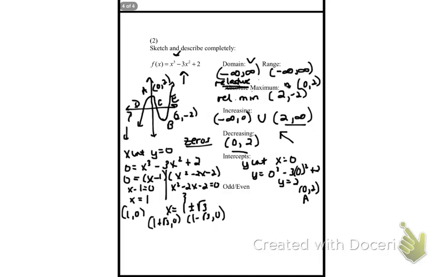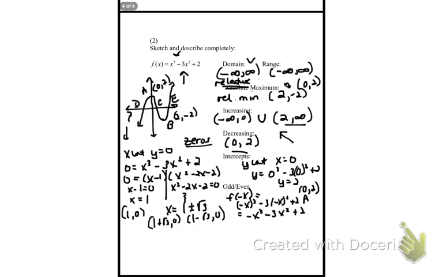Then we're going to check to see if it's odd or even. We're going to replace the x with the negative x. And we're going to get negative x cubed minus 3 times negative x squared plus 2. This will give us negative x cubed minus 3x squared plus 2.